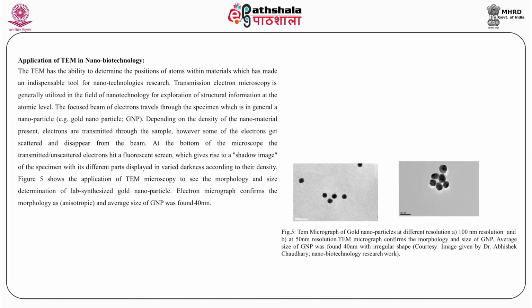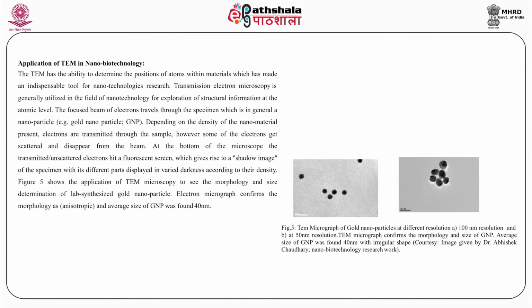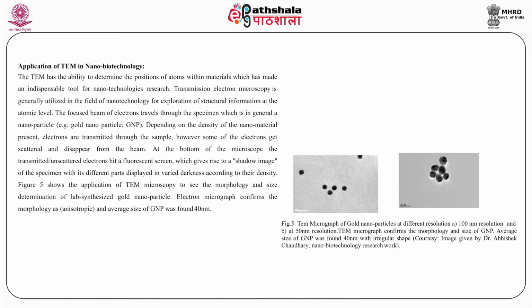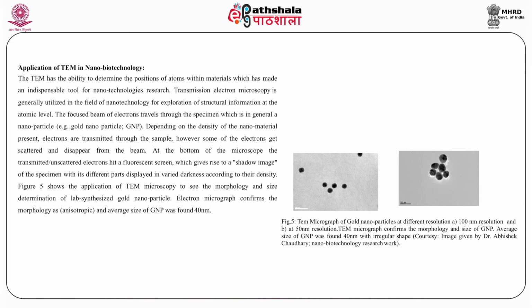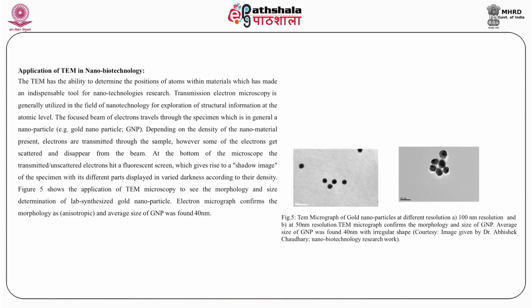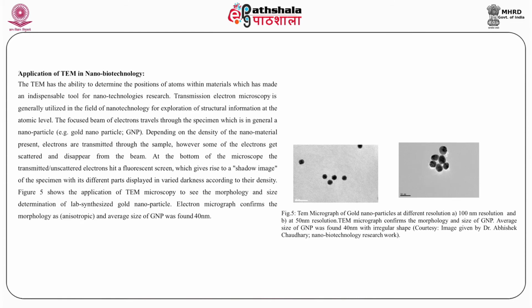In this, you can get structural information up to the atomic level, and the focused beam of electrons travels through the specimen, which is in general a nanoparticle, for example a silver or gold nanoparticle. Depending on the density of the nanomaterial present, electrons are transmitted.